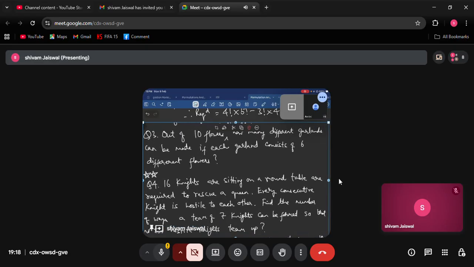Quickly. Number 3 is easy. I should get the answer within seconds. Out of 10 flowers of different colors, how many different garlands can be made if each garland consists of 6 flowers? It's very easy. Number 3 can be done quickly.